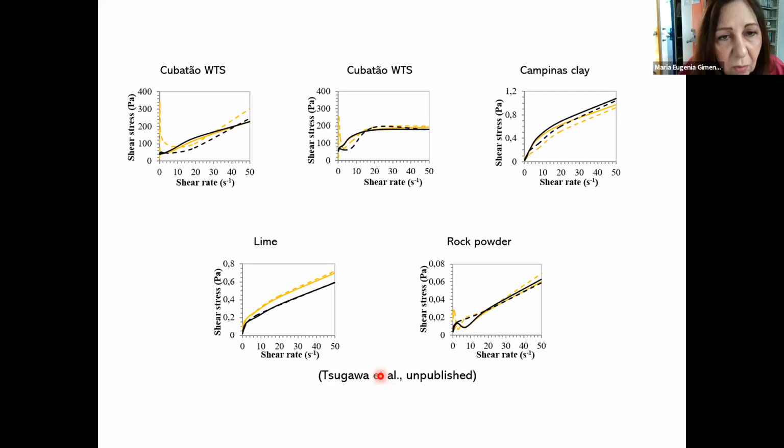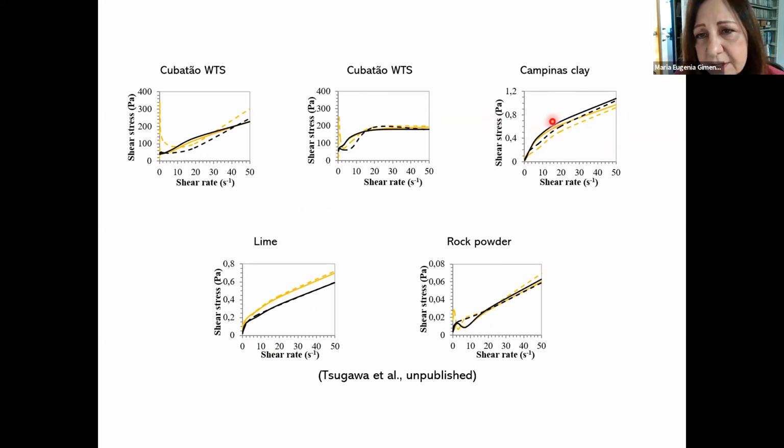Here are some flow curves for different materials: a second sample of Cubatão sludge, Campinas clay, lime, and rock powder. The values of shear stress, viscosity, and yielding stress for the sludge are much higher than for the other materials, as you can see here in the shear stress axis.